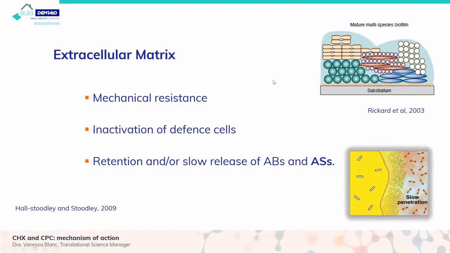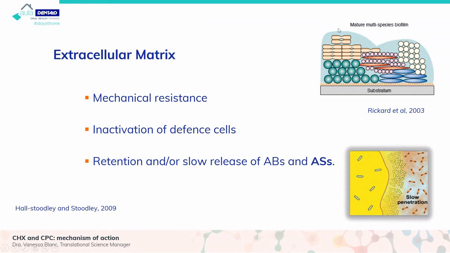One of the most important characteristics of bacterial biofilms, including oral biofilms, is the high resistance to elimination. We eat, talk, drink, and biofilms stay attached. This is thanks to their adhesins and the extracellular matrix by which they are covered. Here you can see the extracellular matrix, and also here.